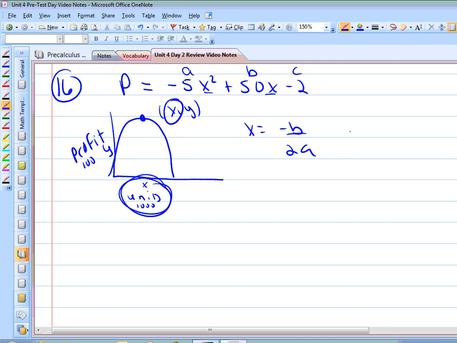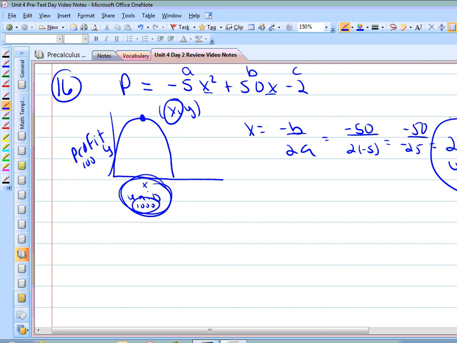So negative B would be negative 50 over 2 times negative 5, negative 50 over negative 10. That's a positive 5. But that's not 5 units. Remember, units is in thousands, so that's going to be 5,000 units. Make sure you read carefully.